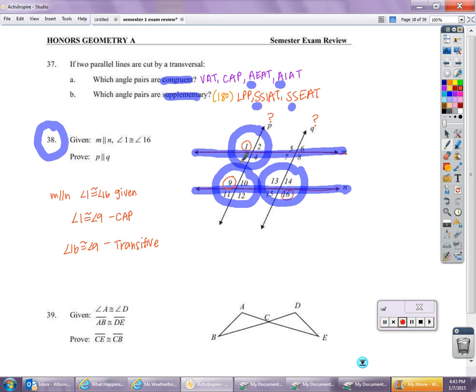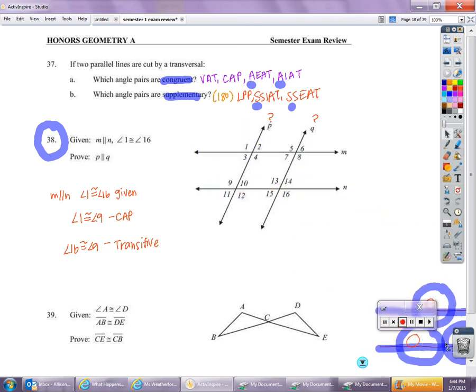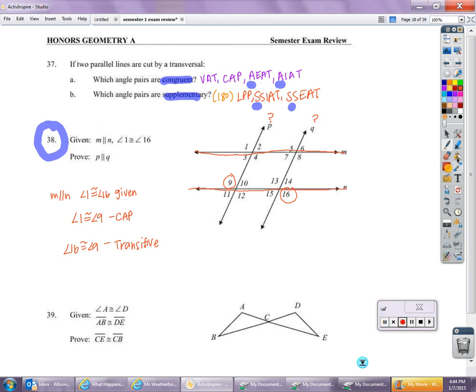Alright, so I know 1 is 16, I know 1 is 9, I know 9 is 16, one big happy family. So how can I prove, now that I know that 9 is 16, I worked really hard for that, I know these two lines are parallel? How can I prove that these two lines are parallel?